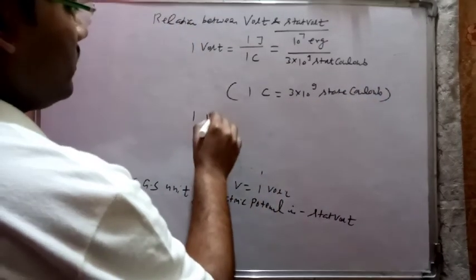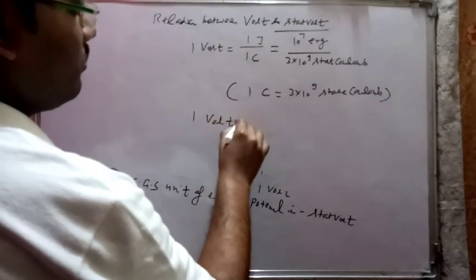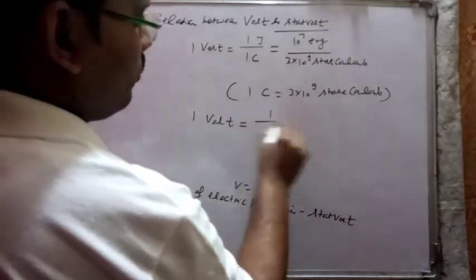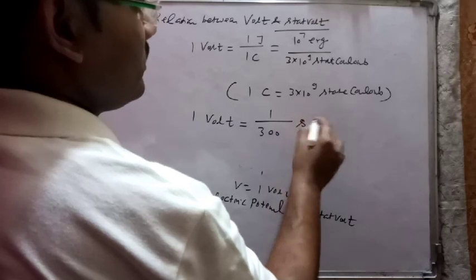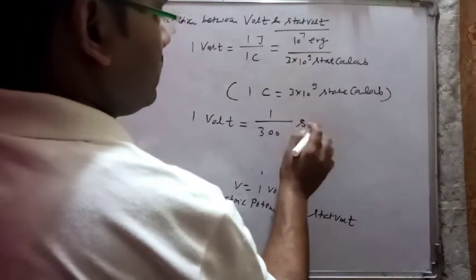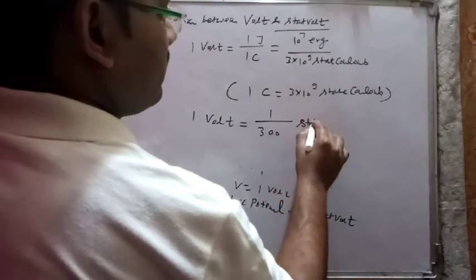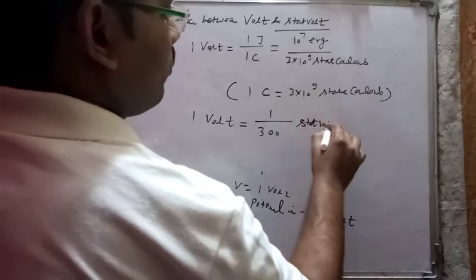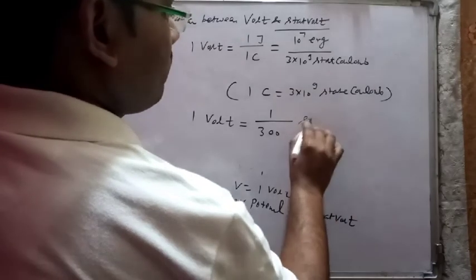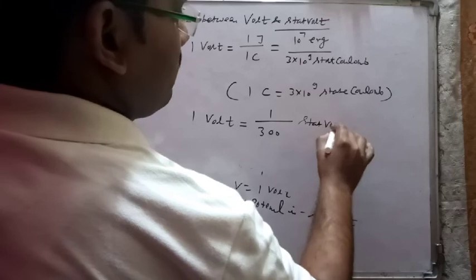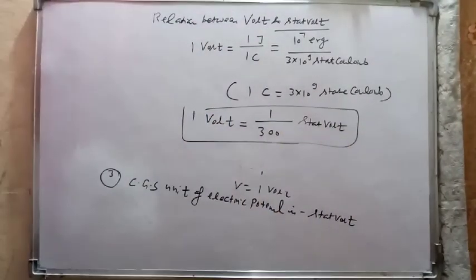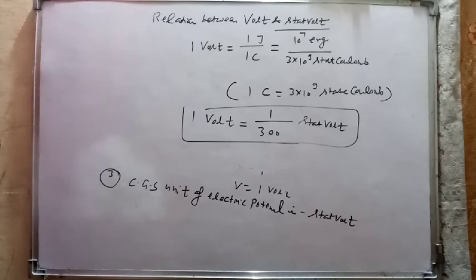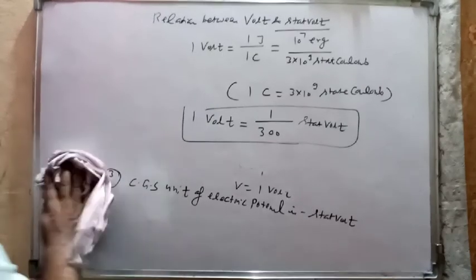Now we solve, and here we get 1 volt is equal to 1 divided by 300 statvolt. So this one is the relation between 1 volt and statvolt.